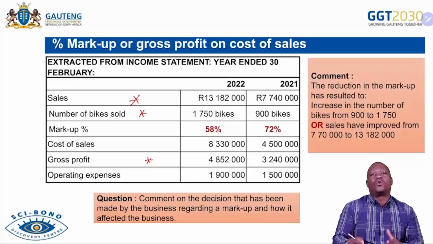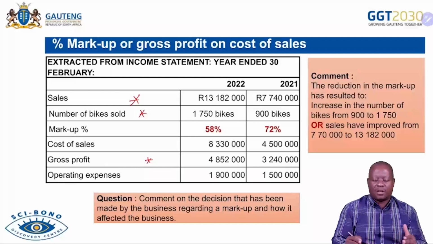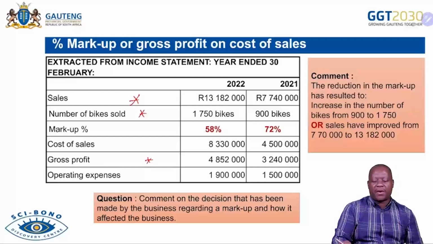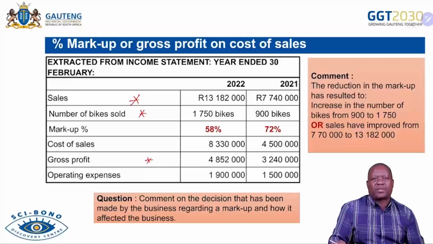So we can comment that the reduction in the markup has resulted in an increase in the number of bikes that have been sold. You can see it, nearly double, as we have already agreed. And then we can also look into the increase in sales. Sales increased from 7,740,000 to 13,182,000.